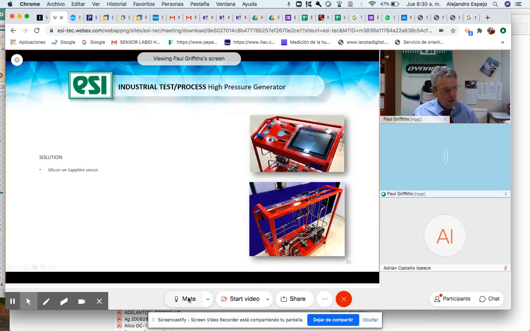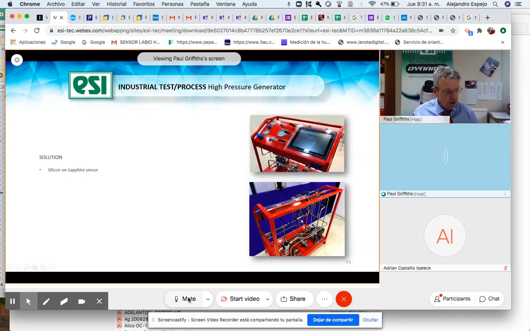So it's quite compact, quite simple. It generates very high pressure. I think it generates to 2,000 bar, and it's a very simple pipework inside. But when I mentioned I was from ESI, he said, please come round the back.